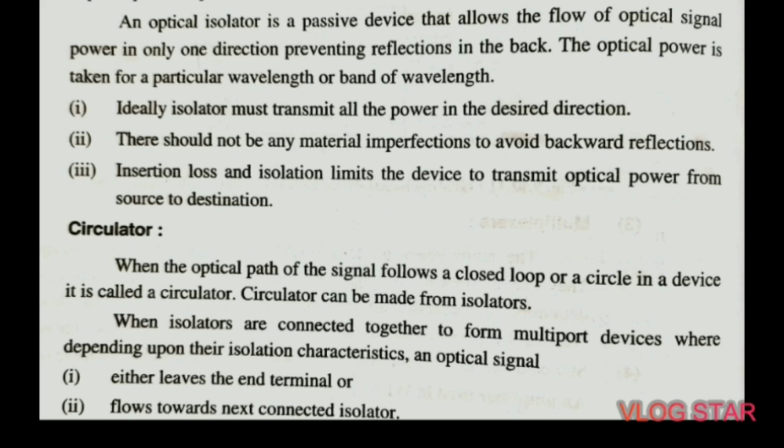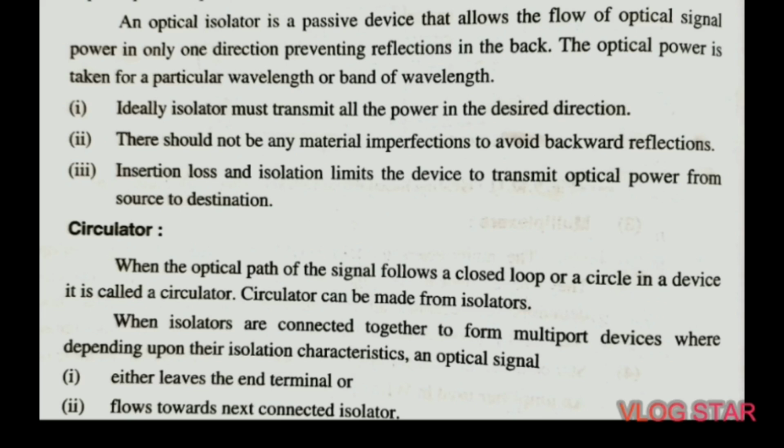A variant is an optical circulator, which has at least 3 optical ports. Light injected into port 1 will exit at port 2, while input at port 2 will be sent to port 3, and input at port 3 to port 1.